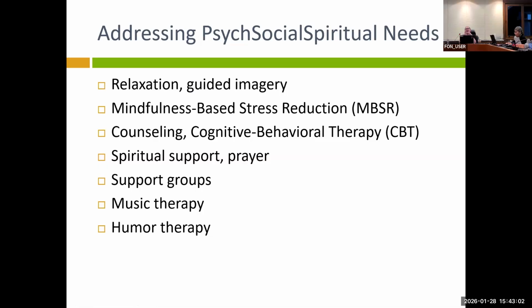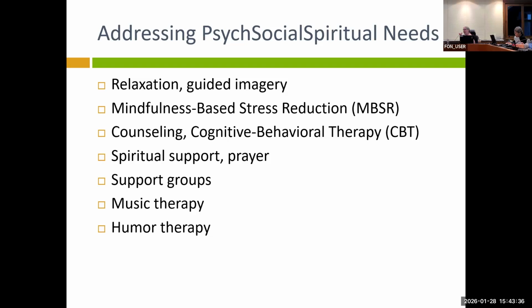And then these are addressing the psychosocial and spiritual needs with some of our complementary and integrative therapy. I find that guided relaxation often helps, guided imagery. I often use mindfulness-based stress reduction. Cognitive behavioral therapy. Actually, we know that cognitive behavioral therapy works just as well as opioids now.